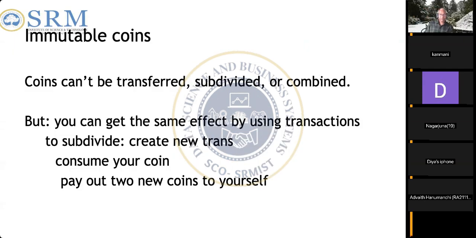Okay, so we were saying immutable coins. What is immutability? I think you know Python and other programming languages. Have you heard about immutability anywhere in programming languages? For example, immutable types, right? Can you say what is a mutable and an immutable type?